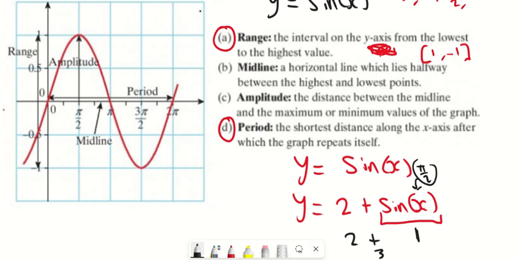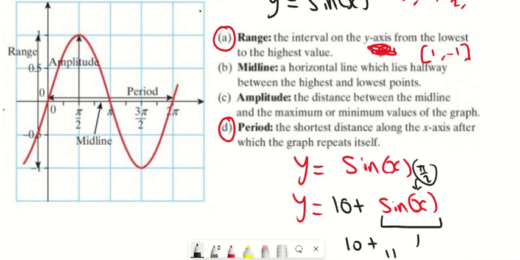So no matter what we put in, the output will be increased by 2. And if I put something bigger in there, maybe 10 plus, again if I put pi over 2 into my function, that will give me 1, but then we'll have 10 plus 1, so my output would be 11.